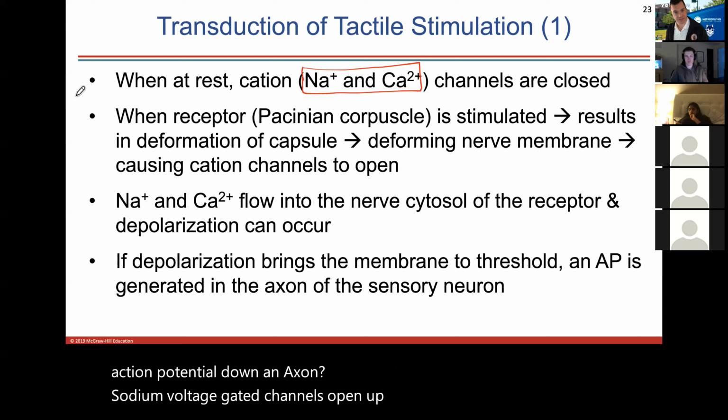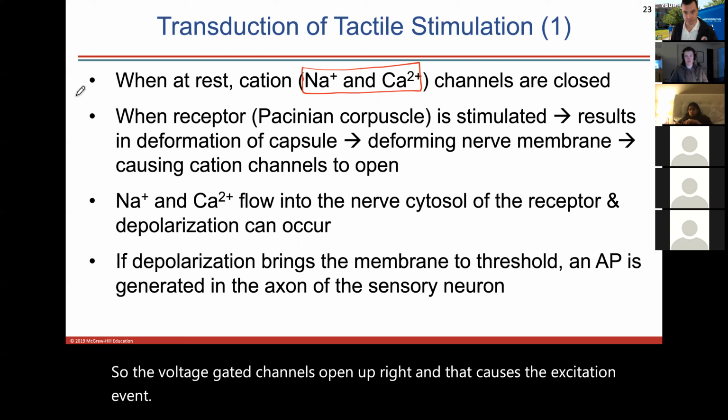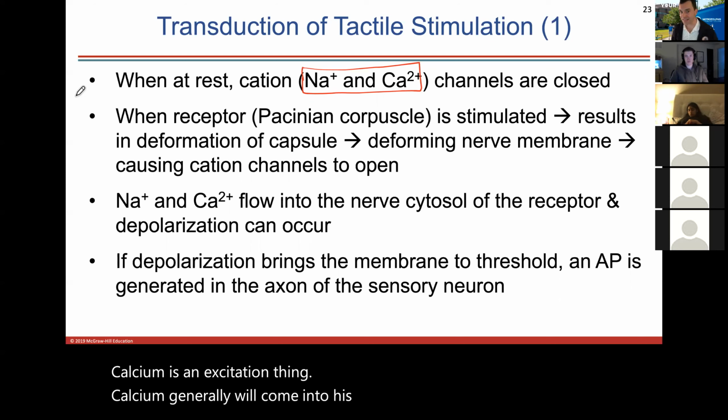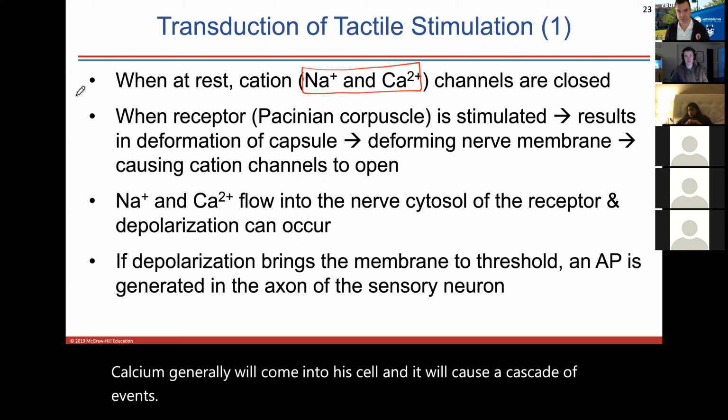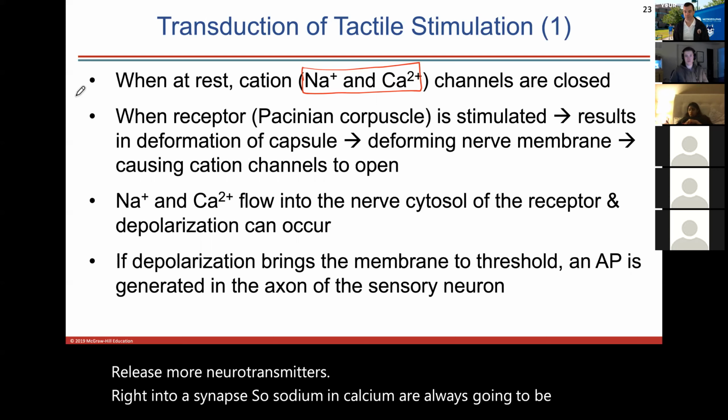And that causes the excitation event. Calcium is an excitation thing. Calcium generally will come into a cell and cause a cascade of events. It can move things, cause excitation, release more neurotransmitters into a synapse. So sodium and calcium are always going to be our stimulatory things in here.